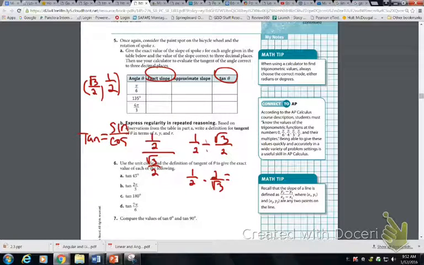What can we cancel? The 2's. So we cancel the 2's, they go to 1, and we end up with, in our numerator, 1, and in the denominator, square root of 3.